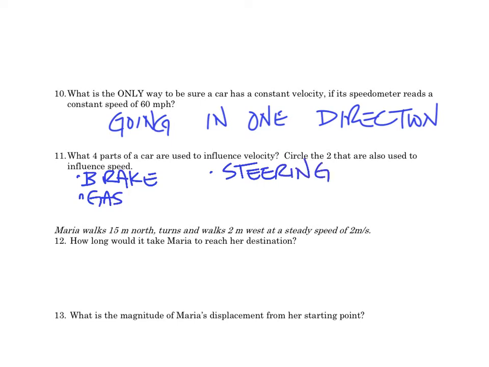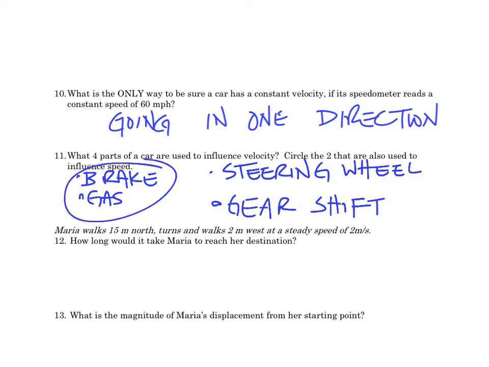Velocity has direction. And if I change the gear shift, if I put it in drive, if I put it in reverse, okay, I'm changing direction there. So these four have an influence on velocity. The two that are also used to influence speed would be brake and gas. You're going faster, you go slower.